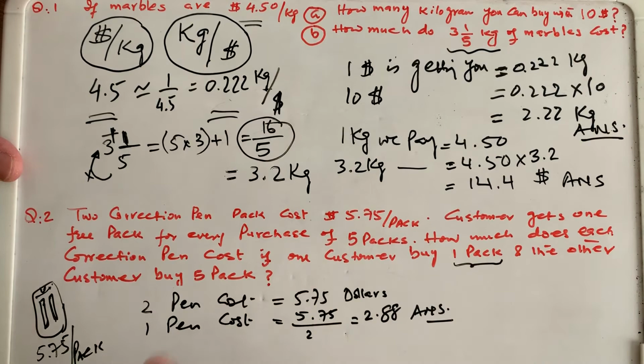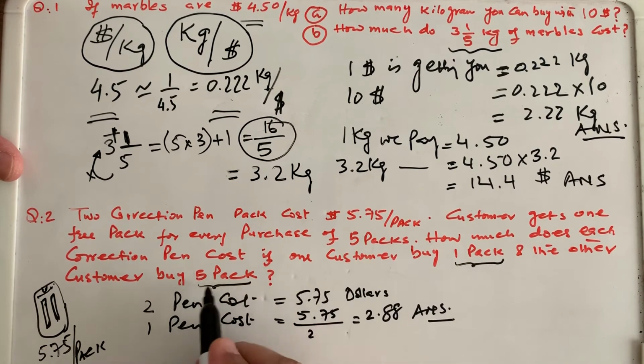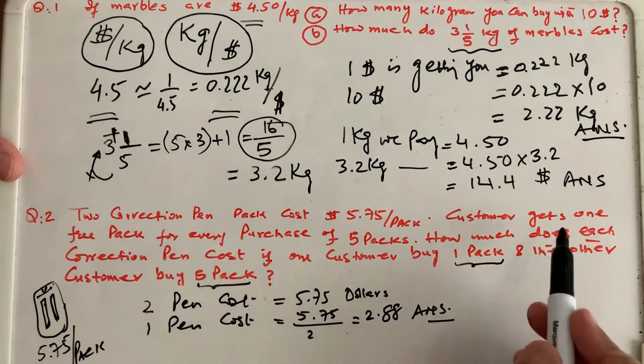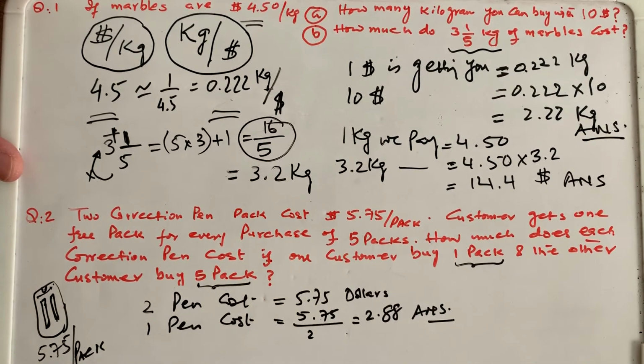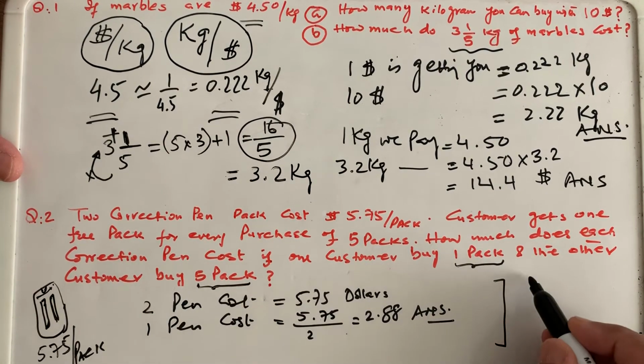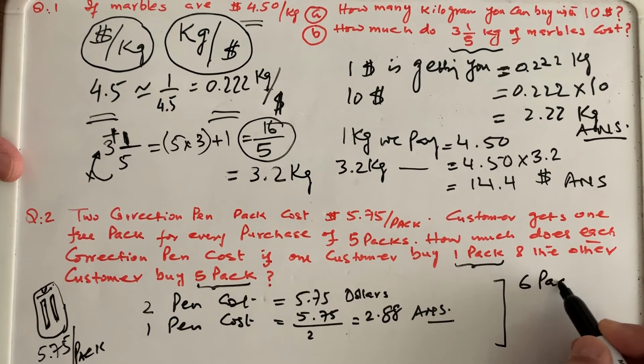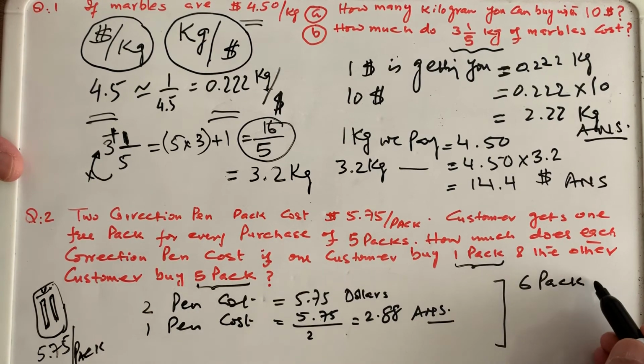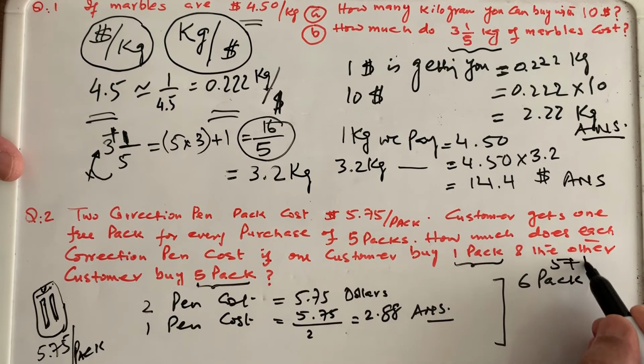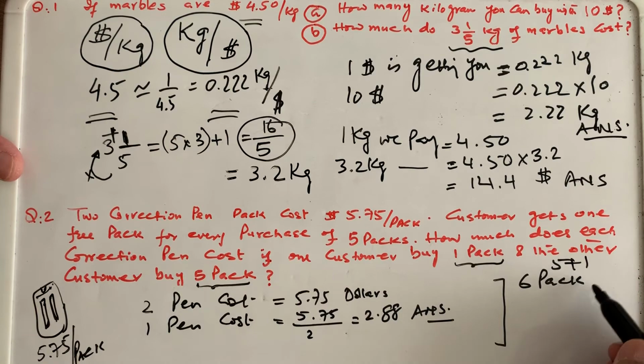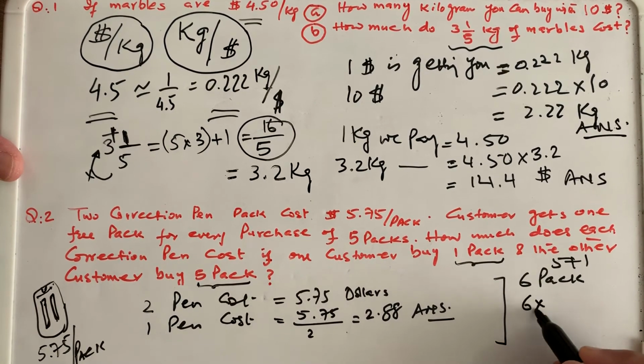The other customer buys 5 packs. So once he buys 5 packs, he will get 1 pack free because there is a deal. So that means he will be receiving 6 packs, right? 5 packs plus 1 pack. 5 plus 1 is 6 packs. And 6 packs means how many correction pens? Each pack has got 2.